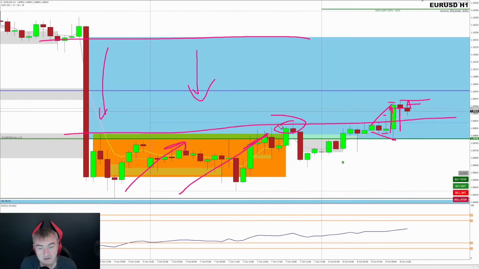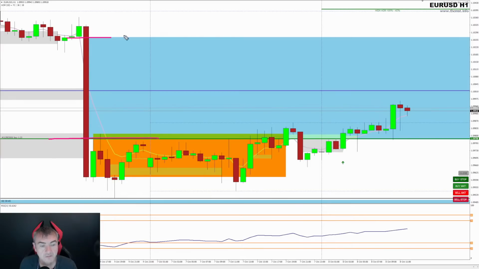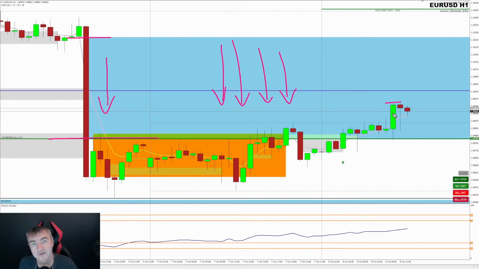It tried to make progress yesterday, failed. We are trying to make progress today. But if this is a large order that the banks have not completed yet, what are they going to do? Continuously add. So you're going to find that the price action is probably going to be very difficult to get. You're not going to get that. Put it that way.